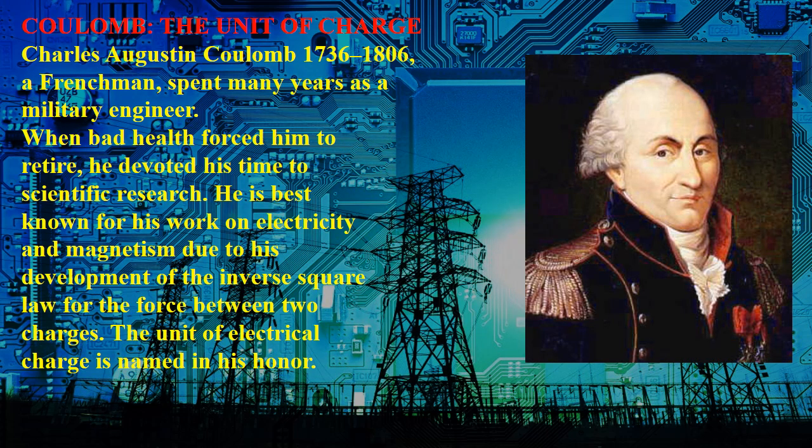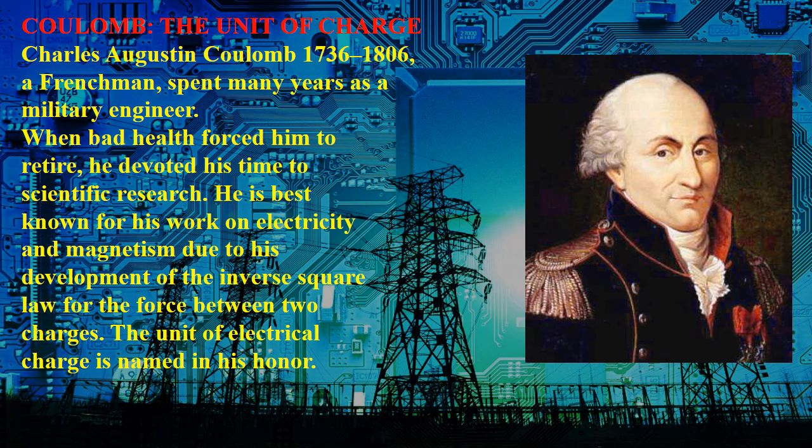The unit of electrical charge is coulomb. Let's see why it is named as coulomb. Charles Augustin Coulomb was born in 1736 and passed away in 1806. He was a Frenchman who spent many years as a military engineer. When bad health forced him to retire, he devoted his time to scientific research.